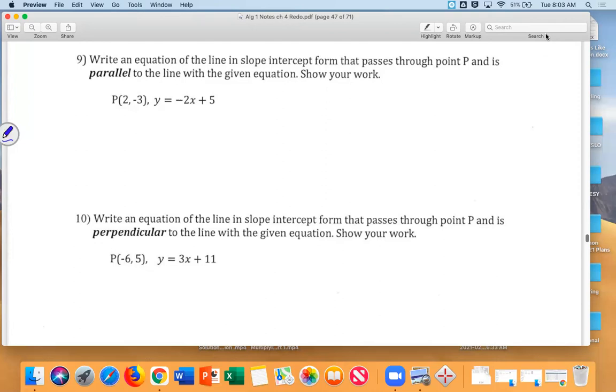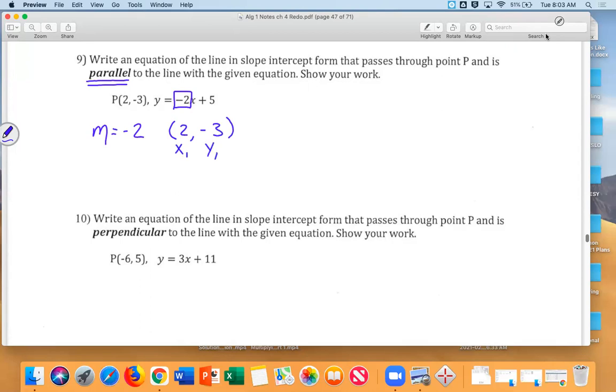So first things first, Harshan, we identify our slope, which is what? -2. And it says parallel, which means what, Harshan? Yeah. So I'm going to start out by using the point-slope form.